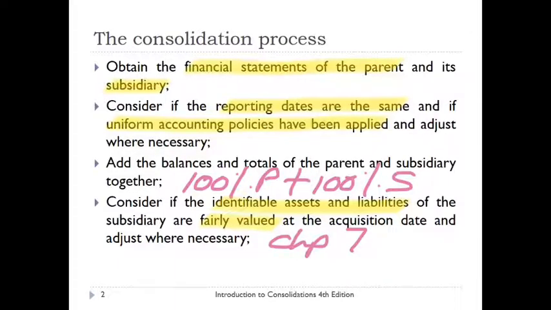In all the examples leading up to Chapter 7, there is a sentence included that states to accept that all the assets and liabilities of the subsidiary are fairly valued at acquisition date. Only when we get to Chapter 7 will we see what the effect on the process is when it's not fairly valued.